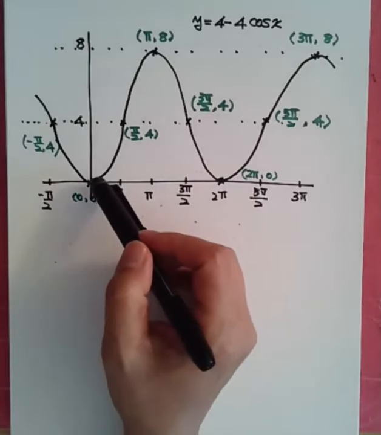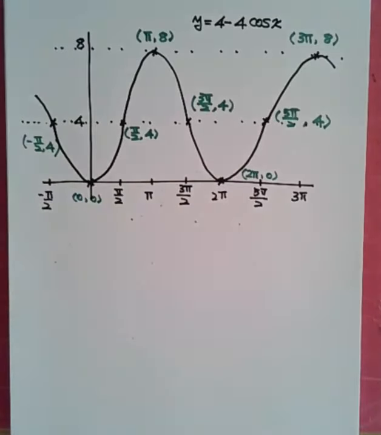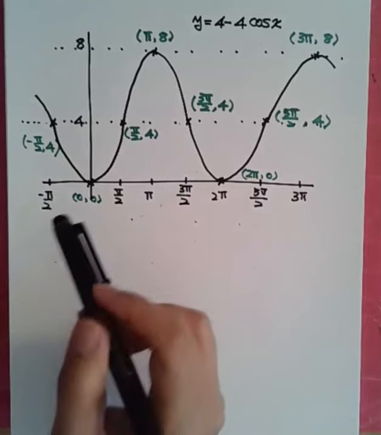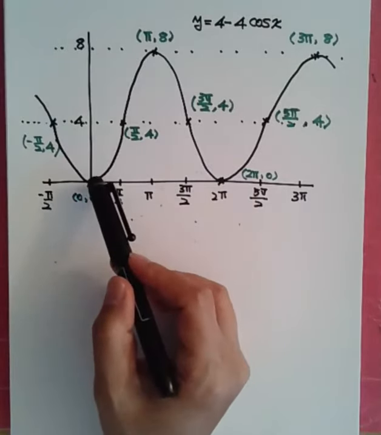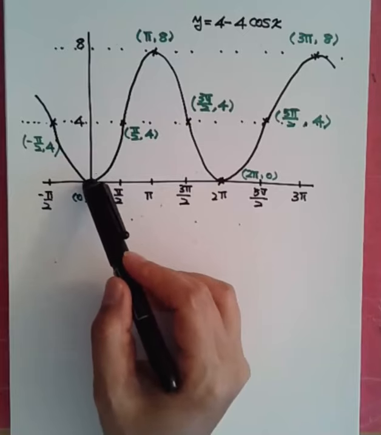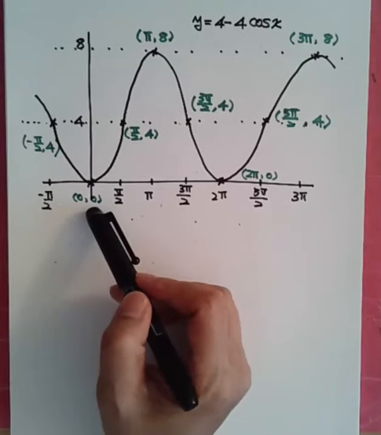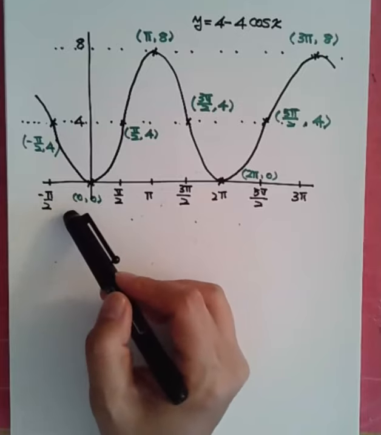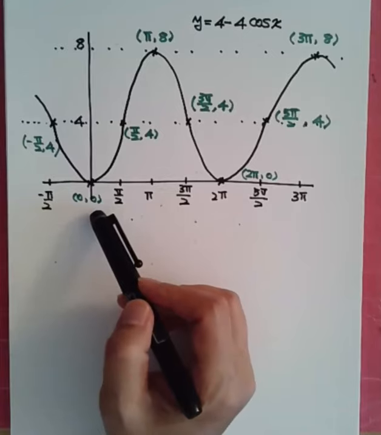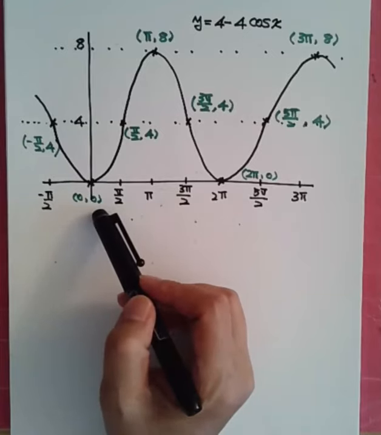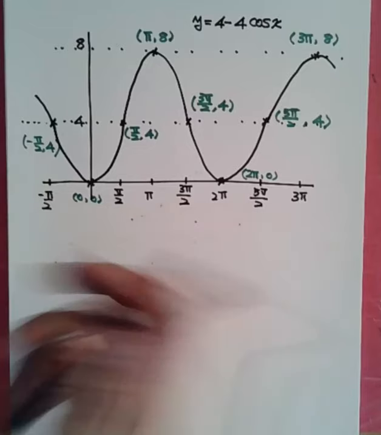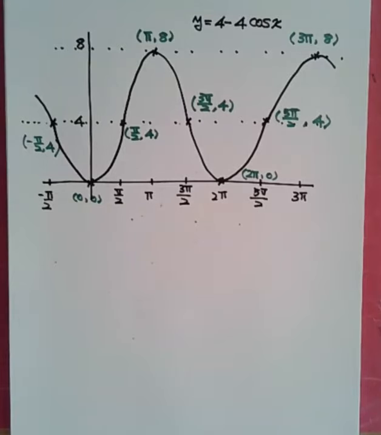Then we will label the important point. And this coordinate is 0 and 0. The meaning of that is when angle is 0, the distance between the origin and the point is 0. So that becomes a pole when we graph the polar equation.